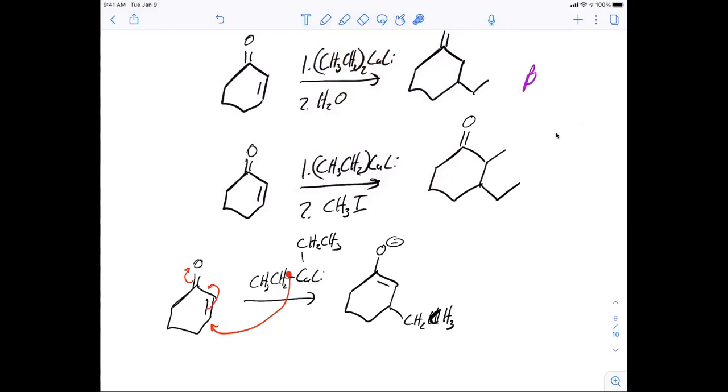Okay, but notice whenever we have the Gilman attacking the beta position, the electrons move around to the oxygen. What's this functionality right here? This is an enolate, right? What can an enolate react?